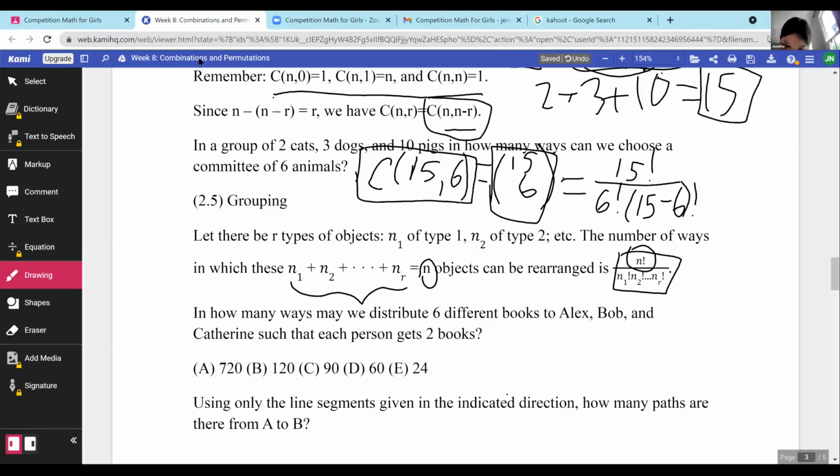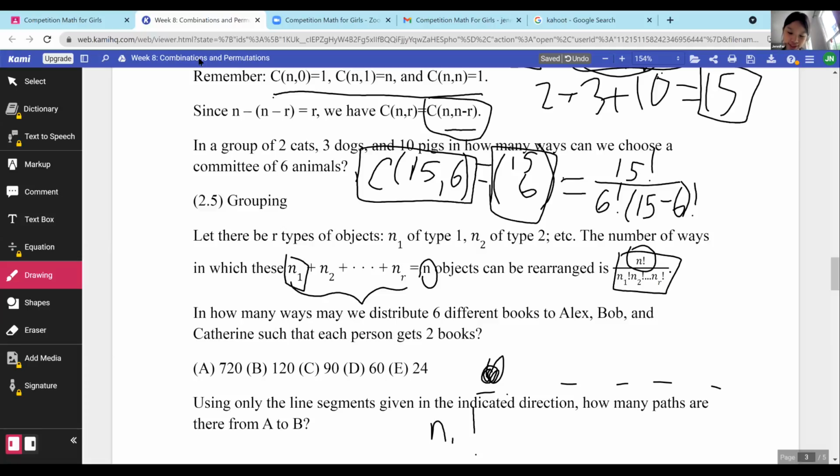Then, if N1 objects are of a certain type, in N1 positions, the N1 different objects can be arranged in those same positions in N1 factorial ways, but they're actually all the same.